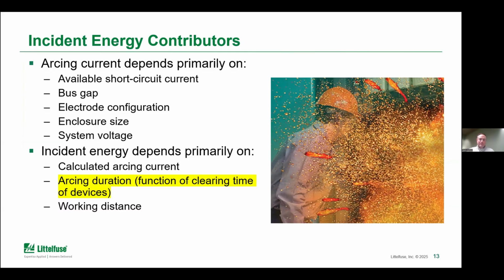So not only the direction that they are oriented, as well as the gap, whether or not they're insulated, and the voltage. And once we figure out that arcing current, the ultimate energy that comes out depends on the time duration and how far away you are from that arc event.